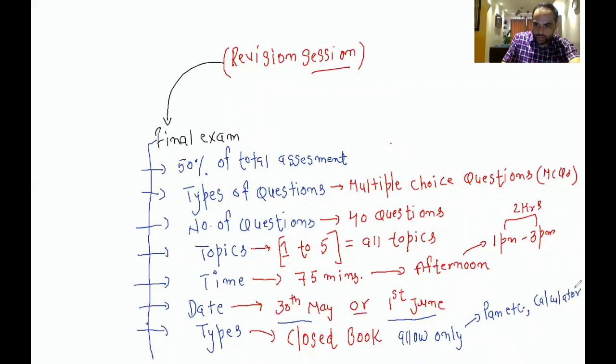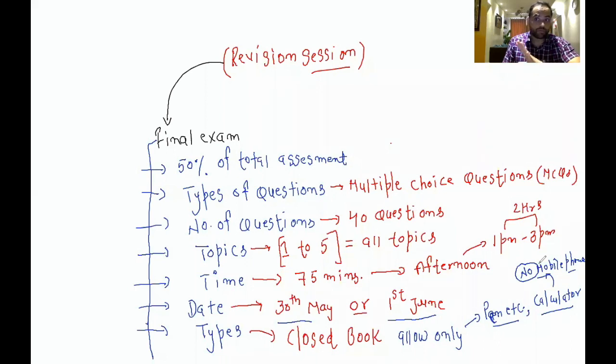So you are allowed to bring a pen, pencil, ruler, eraser, and calculator. But you cannot use your mobile phone as a calculator.